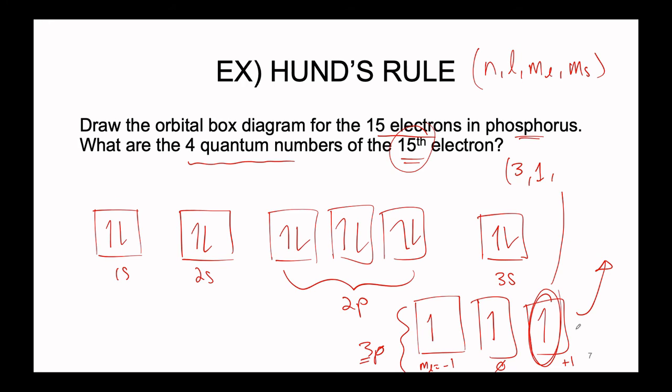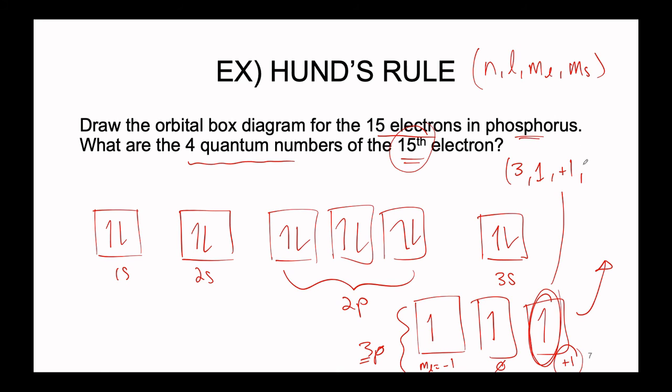So again, since each of these are degenerate, it doesn't really matter which of these 3 you choose because they're just unique relative to each other in 3D space. But just by conventional standards, we're going to stick with that third box being equal to the +1 label.